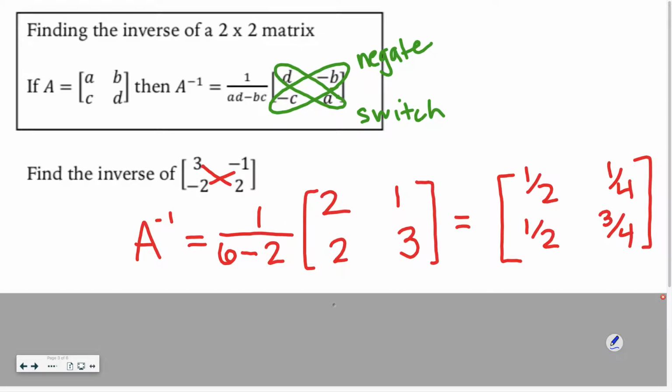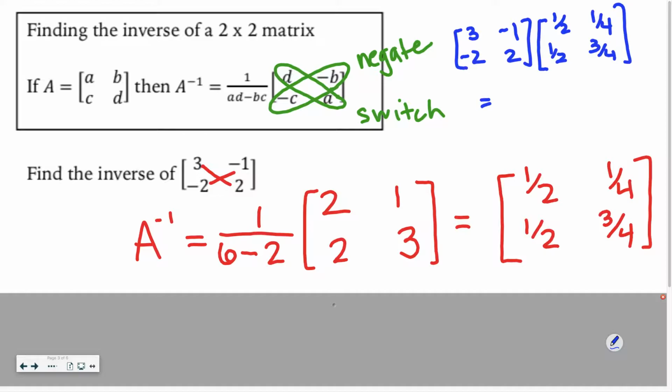So if we take 3, -1, -2, 2, and we multiply it by its inverse of 1/2, 1/4, 1/2, 3/4, let's see what we get. Row times column, we get 3 times 1/2 plus negative 1 times 1/2. Row times column, we get 3 times 1/4 plus negative 1 times 3/4.